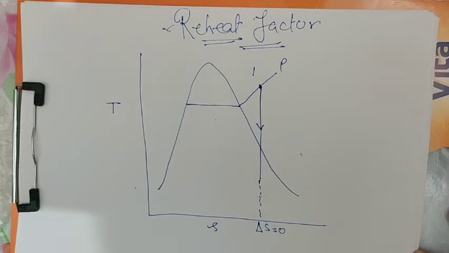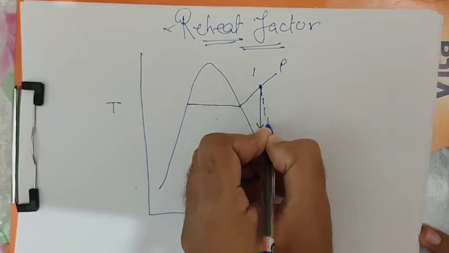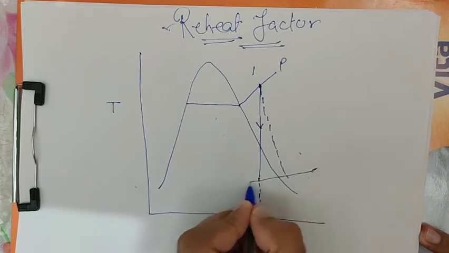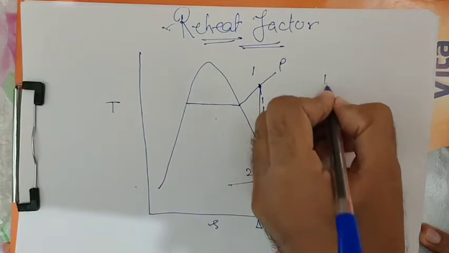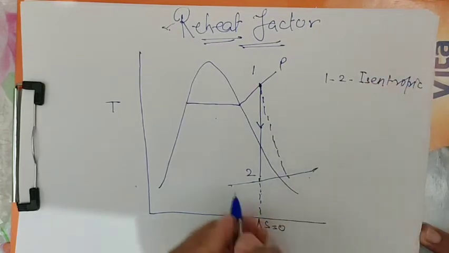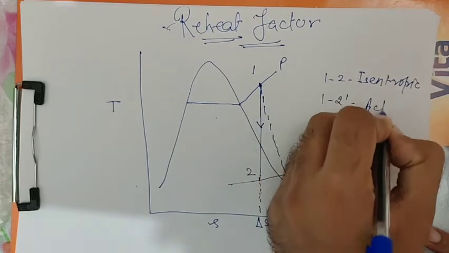But as we know, we cannot neglect friction. There is some friction between the steam and the turbine blades. So now this expansion is no longer isentropic. It will be the actual one. If this is 1 and this is 2, 1 to 2 is the ideal isentropic process, and 1 to 2 dash is the actual one.